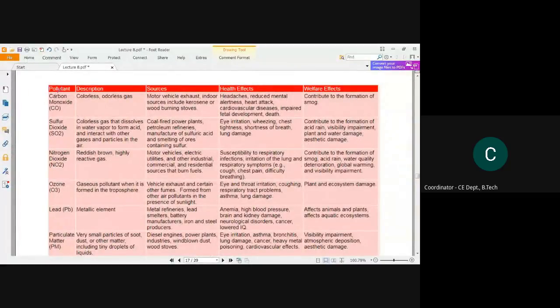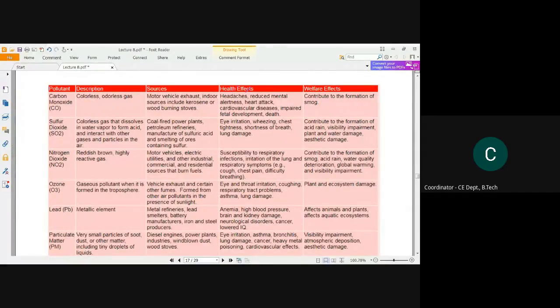So these are the pollutants. First, carbon monoxide, and the basic description or physical appearance by which we can categorize it is that it is colorless and odorless. The sources are motor vehicle exhaust, and indoor sources include kerosene or wood burning stoves.